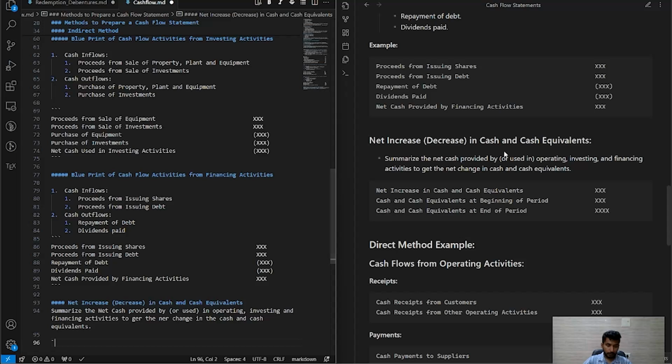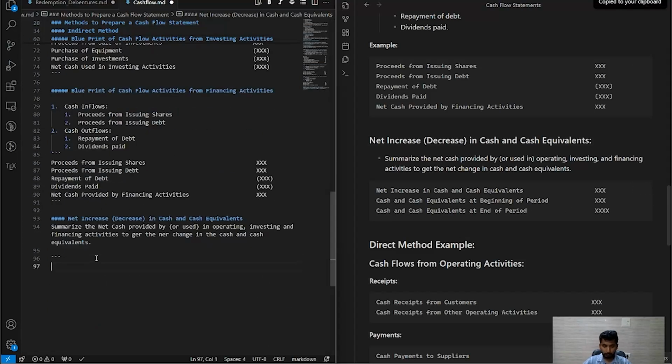Okay, and this is how the format will look.